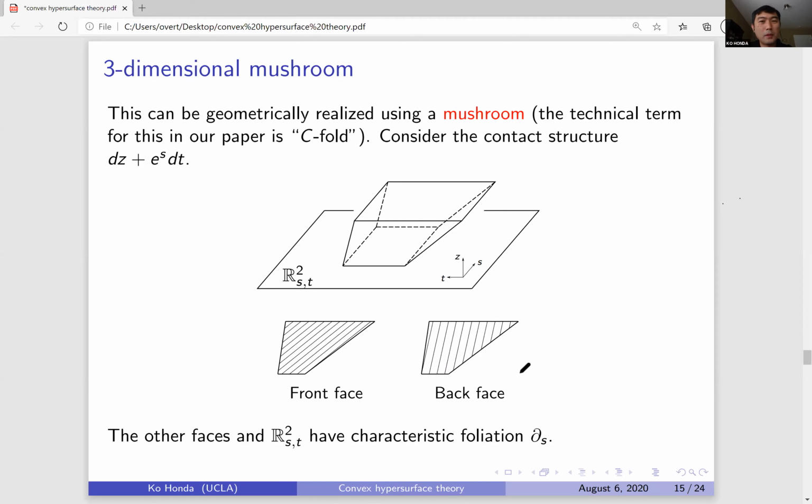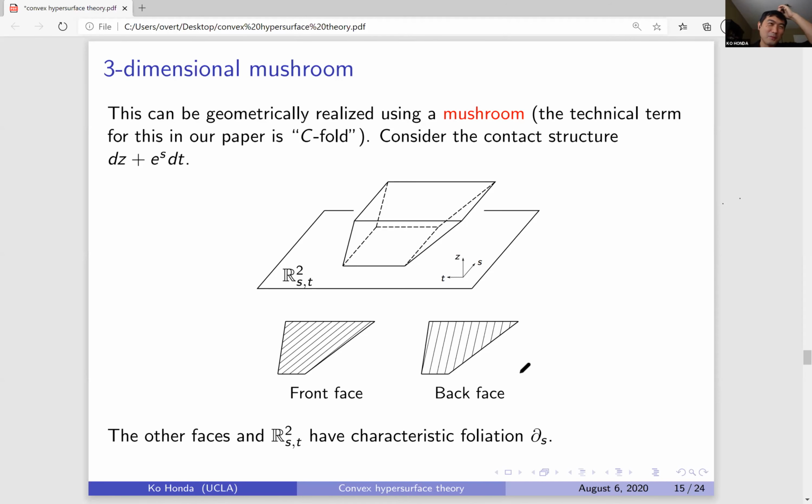So in 3 dimensions, you can geometrically realize this using something called the mushroom. The technical term in the paper is C-fold, but the working name is mushroom.